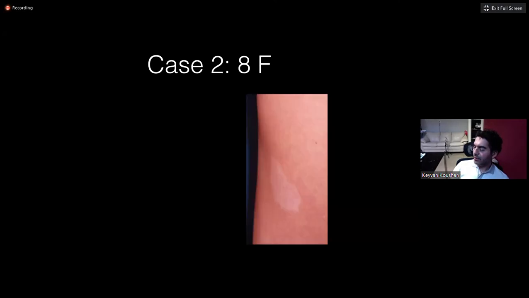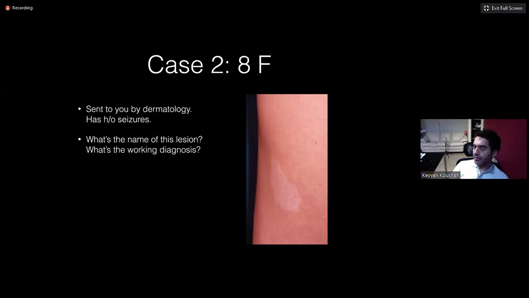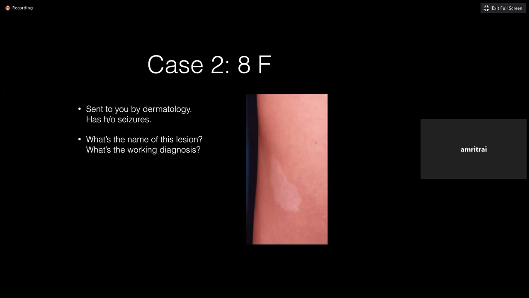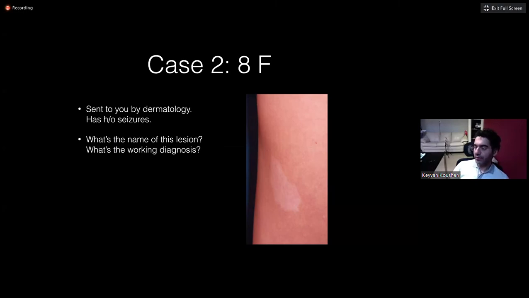Okay, so this is a kid that's sent to you by dermatology with seizure history. Name of the lesion. Ash leaf, yes. And the working diagnosis is tuberous sclerosis. Very good.